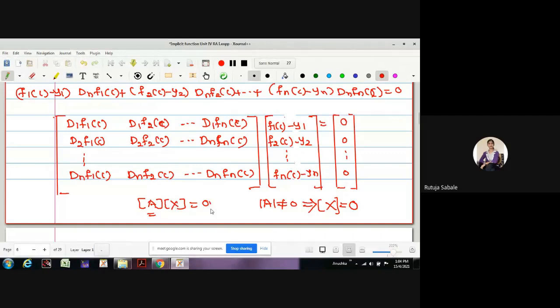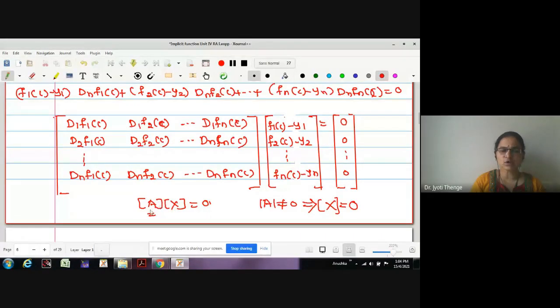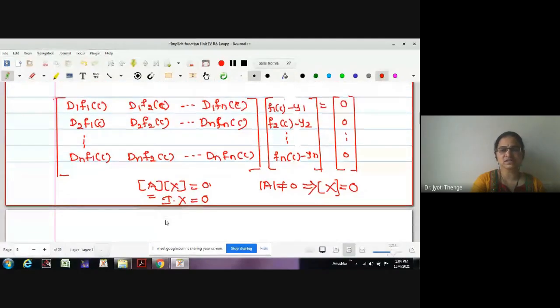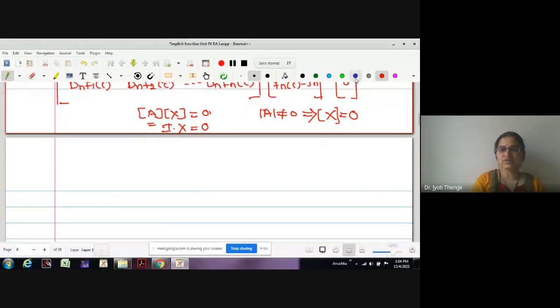Here I will multiply both sides by A inverse. As determinant A is non-zero, A inverse exists. Let us multiply. Therefore, to the left we will get identity into X. To the right, A inverse into 0 is 0, na? Therefore, X we will get as a 0 matrix. Therefore, the system will possess a trivial solution.